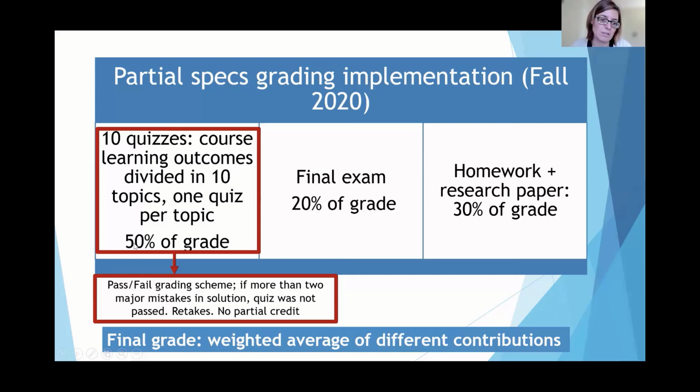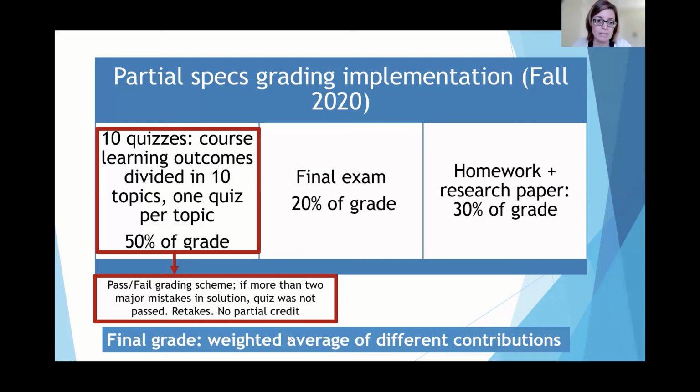And quizzes were the largest part of the grade because I had eliminated the midterm. So they consisted of 50% of the grade, and they had a pass or fail grading scheme. So the way we graded the quizzes is that if a student had more than 2 major mistakes, the quiz was not passed, and then they were offered the option to retake, and there was no partial credit.